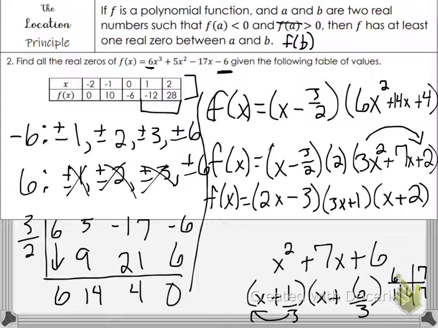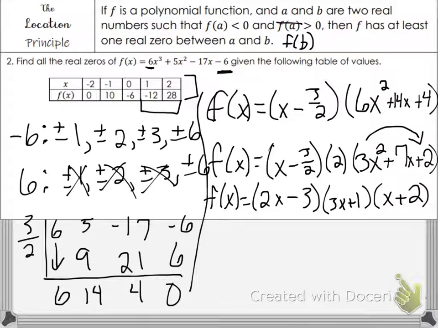Can any of these polynomials that I have be factored further? 2x minus 3, 3x plus 1, or x plus 2? No, they can't. We're almost done. We're almost there. I can see the light at the end of the tunnel. How do I now find the solutions given these factors?